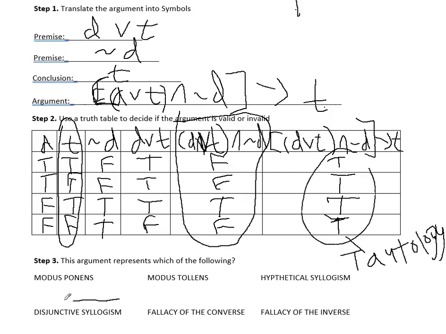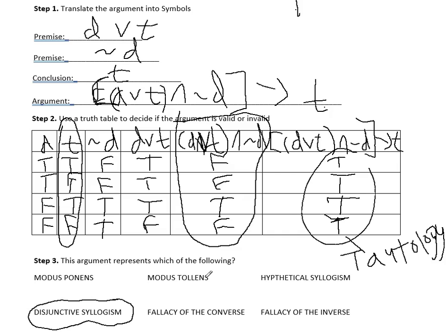Because it is an example of disjunctive syllogism, the argument is valid. What this means is if you can translate the argument into logic symbols and recognize if it is a common form of valid or invalid argument, then that's a quicker way of deciding if the argument is valid or not.